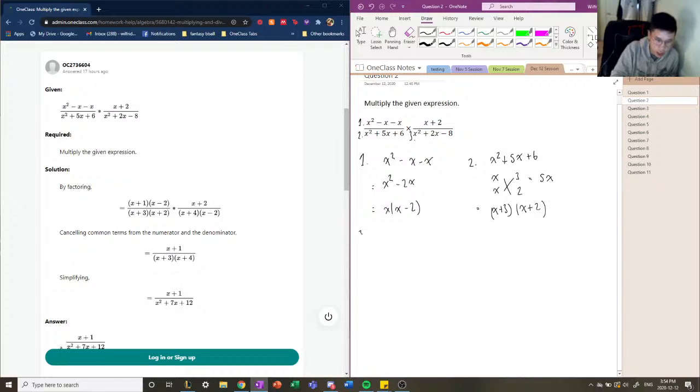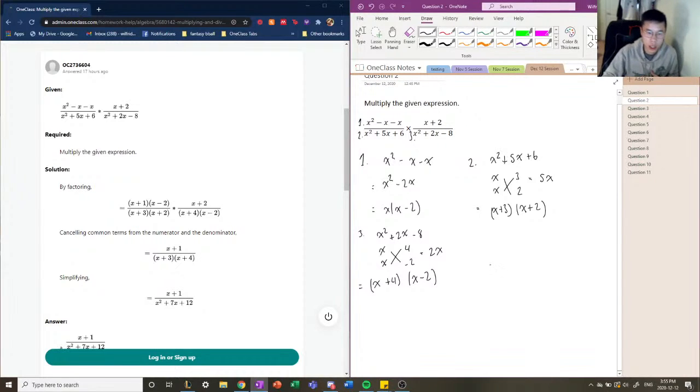And finally, we're going to factor number 3, which is x squared plus 2x minus 8. That's going to be x and x, and 4, negative 2. Cross multiply these together, what do we get? Negative 2x plus 4x, which is 2x. So we got the right factors here, so that equals x plus 4, x minus 2.